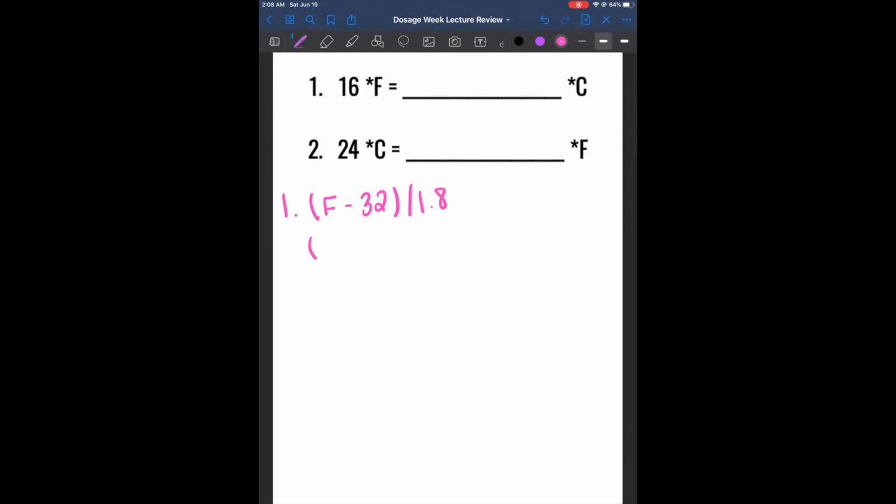So in this case, it would be 16 minus 32 divided by 1.8, which would give us negative 8.9 degrees Celsius as our answer.